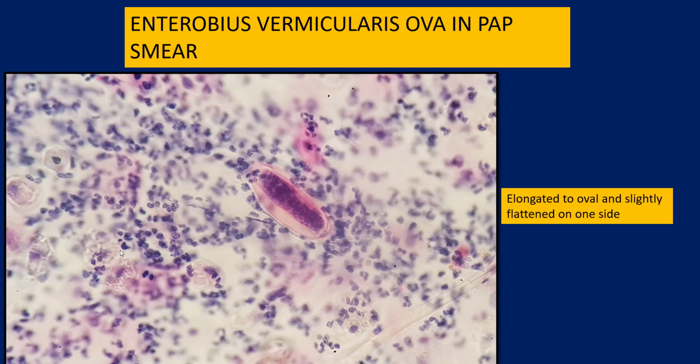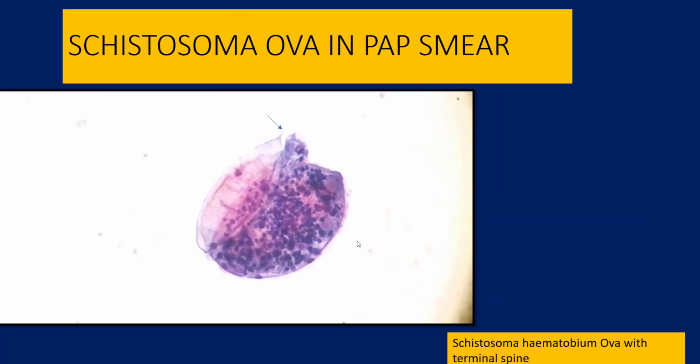This is one of our cases, a pretty old case, where we picked up the ova of Enterobius vermicularis. They have a very distinctive shape, elongated to oval, slightly flattened on one side. Here is again one of our cases, a schistosoma ova of Schistosoma haematobium with this distinctive terminal spine.